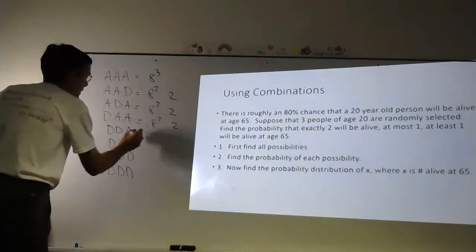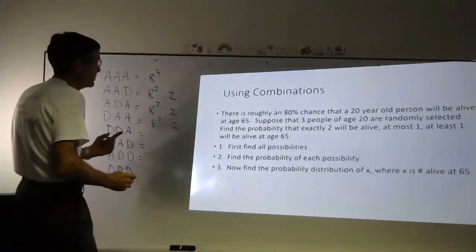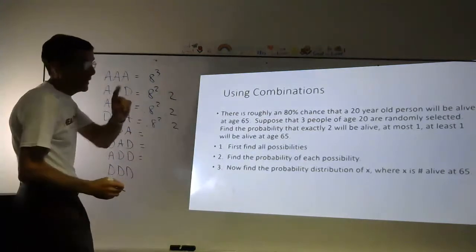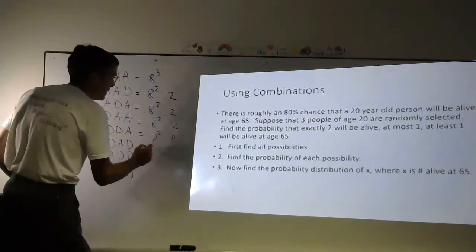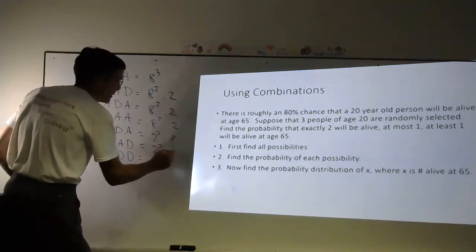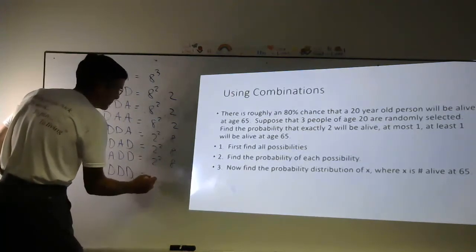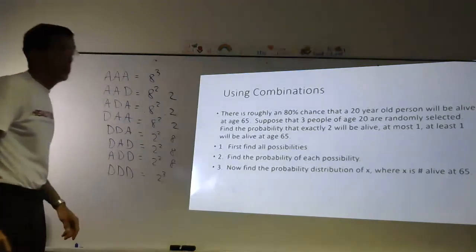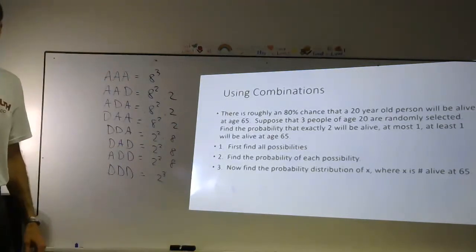Now, what about having 2 dead out of the 3? The probability of getting 1 dead is 0.2, so this would be 0.2 squared times 0.8. And each of these likewise. And finally, all 3 dead would be 0.2 cubed.